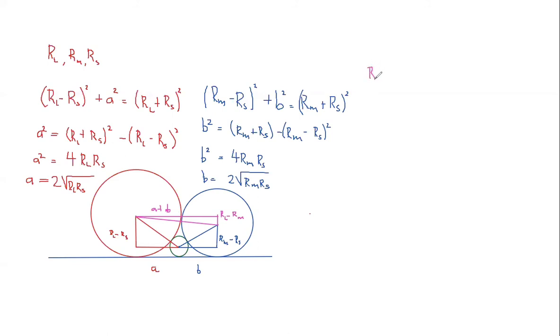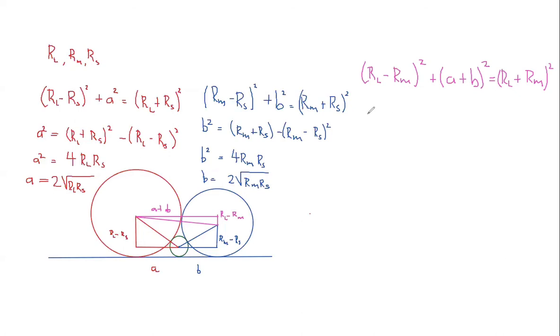So now we have our third equation, which is going to say that (RL minus RM) quantity squared plus (A plus B) quantity squared is equal to (RL plus RM) quantity squared.